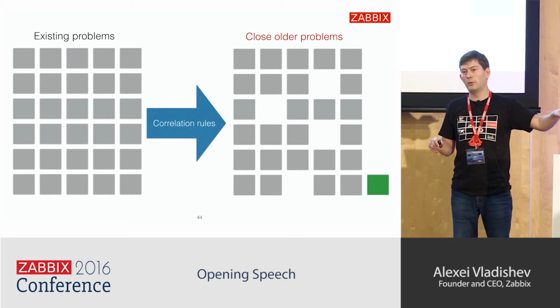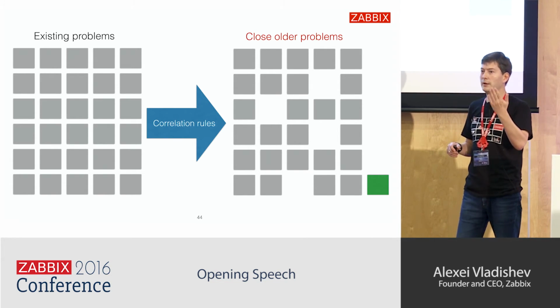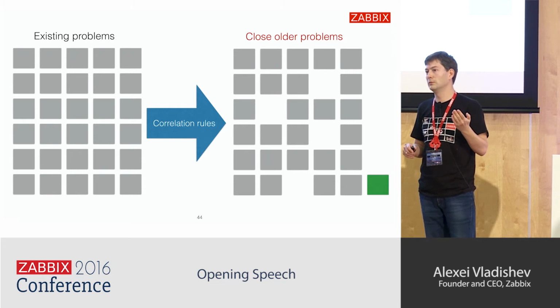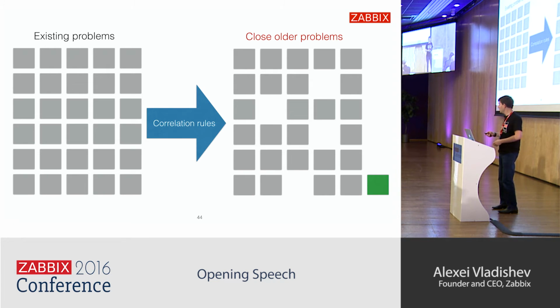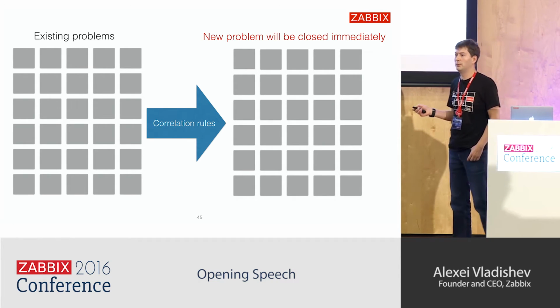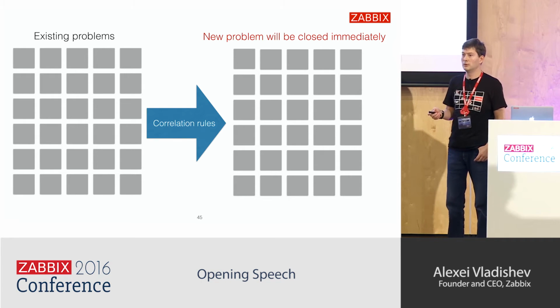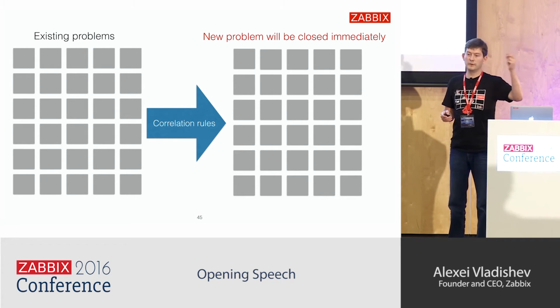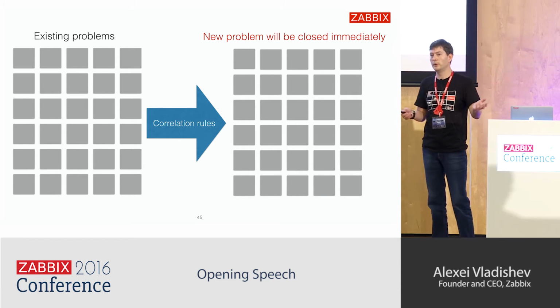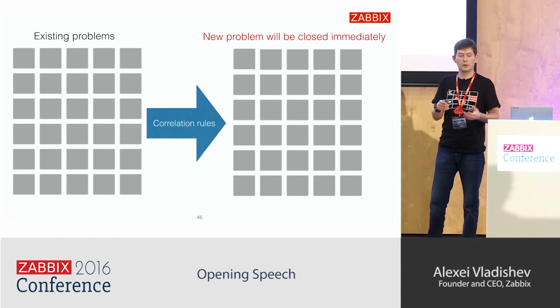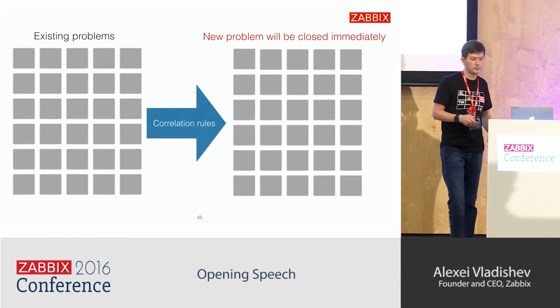We close the older one, and we display just the most current one. In some cases, we may want to do this. Or we may decide to just drop the new problem. New problem comes, and then based on the correlation rule, we decide, okay, we don't want to deal with this problem. The correlation module will close it immediately.